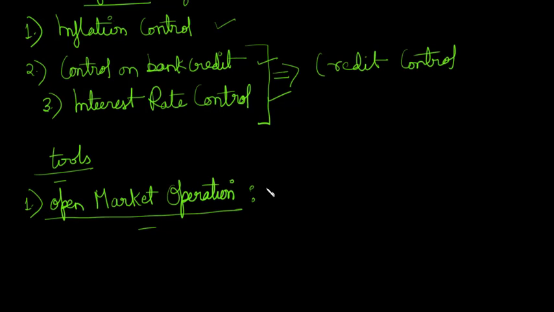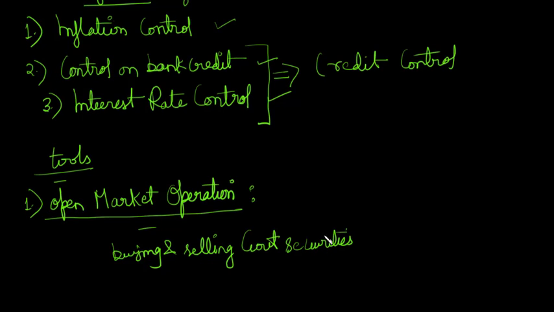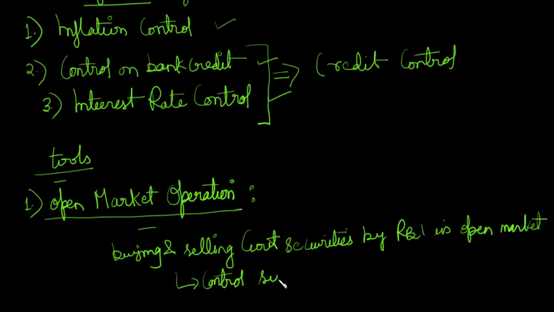Open market operation is nothing but buying and selling government securities by RBI in open market, to control supply of money. What is this supply of money, and especially where? In the banking system.